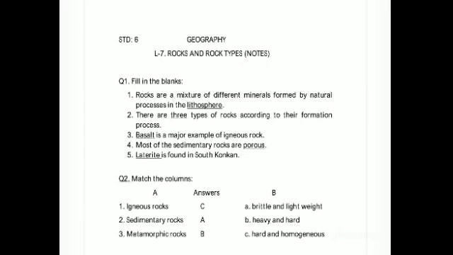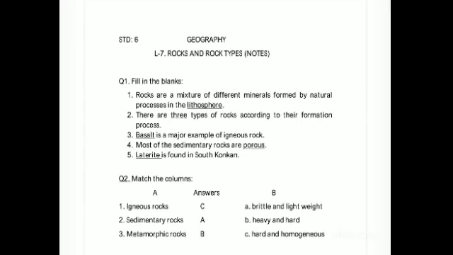Second fill in the blank. There are dash types of rocks according to their formation process. There are 3 types of rocks according to their formation process. Third fill in the blank.